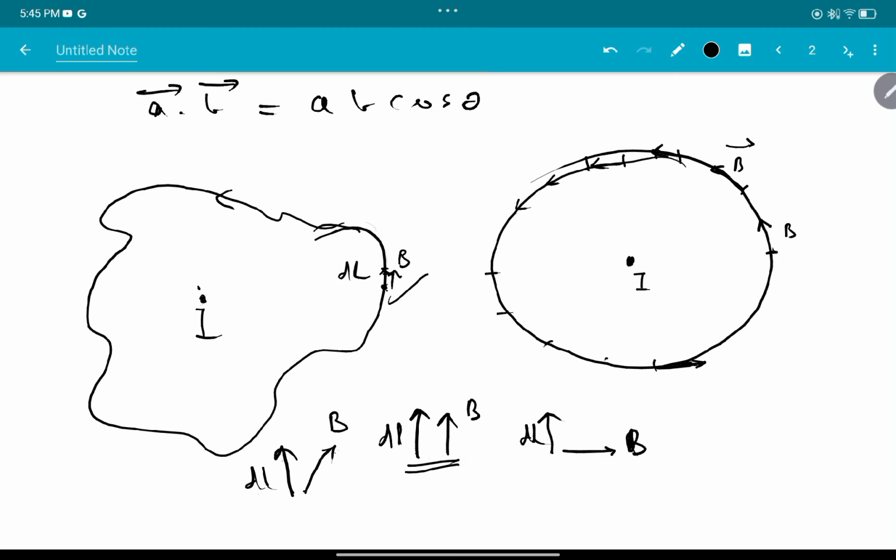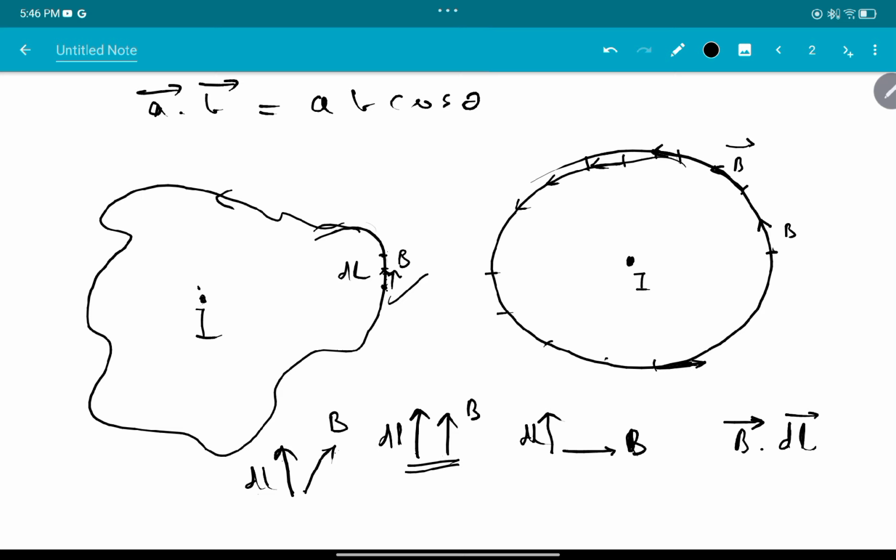So dear, what we do at each point along this loop, we calculate the parallelism between B and dl. Parallelism at one point is given by B dot dl. Now we add up all these parallelisms.